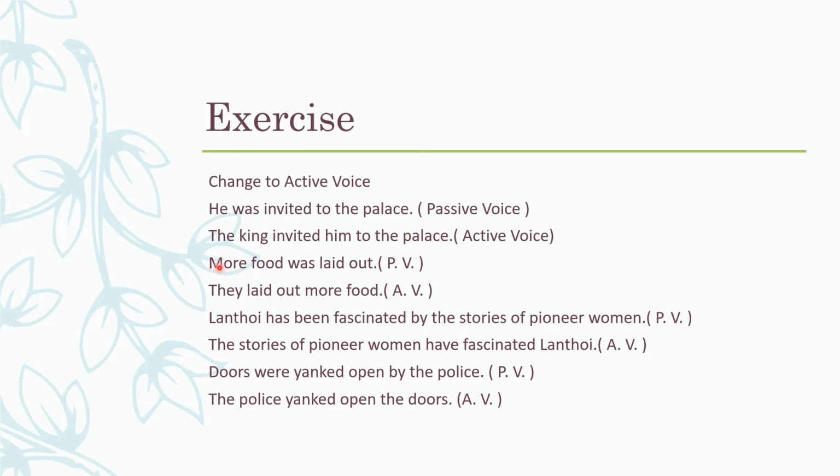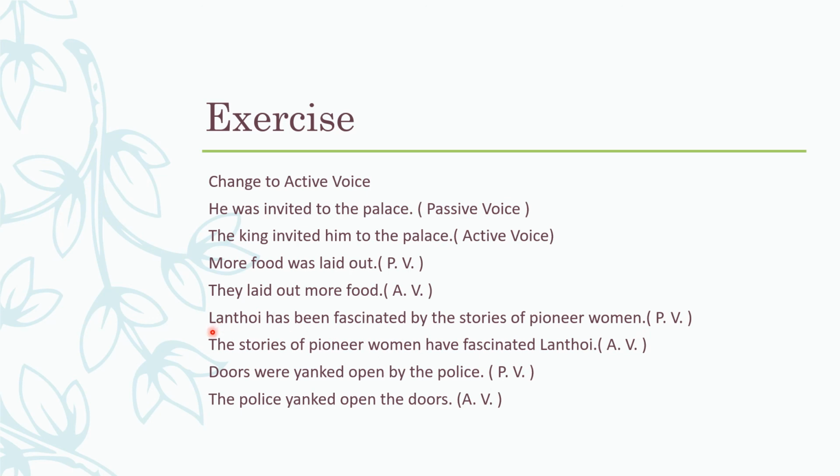The second sentence: more food was laid out. It is by them. So you have to supply the agent. So in the active voice, you will say they laid out more food. That's the passive voice: more food was laid out by them. The third sentence: Lantoy has been fascinated by the stories of pioneer women.